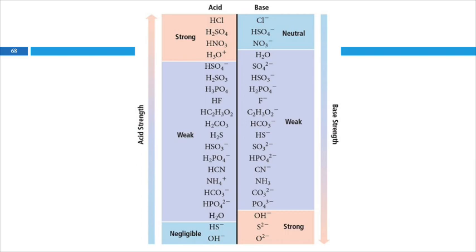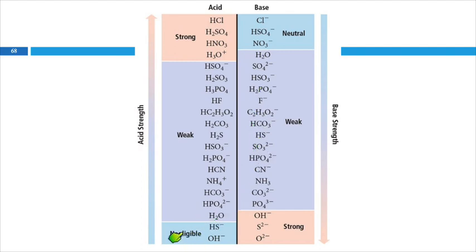The conjugate base of hydronium ion is water. Well, that's not an all-the-way reaction. Water is amphoteric. It can act as an acid or as a base. And so here, it's a very weak base. As we go down here, the acids get weaker and weaker, and their conjugate bases get stronger and stronger.